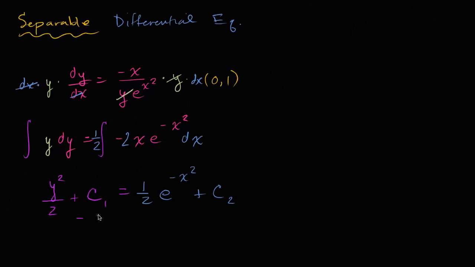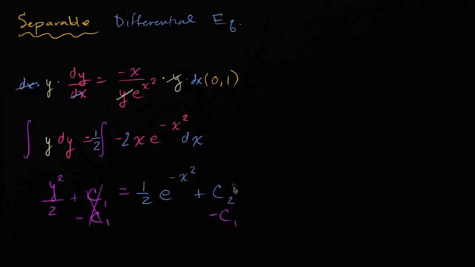So if I just subtract C1 from both sides, this is going to cancel, and I have C2, so this is C1. So these are going to cancel, and C2 minus C1, these are both arbitrary constants.